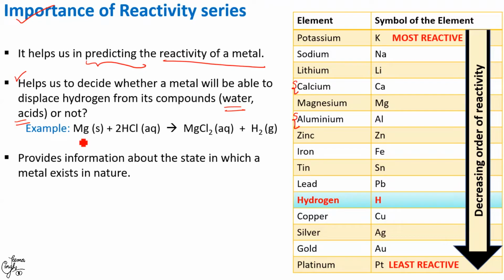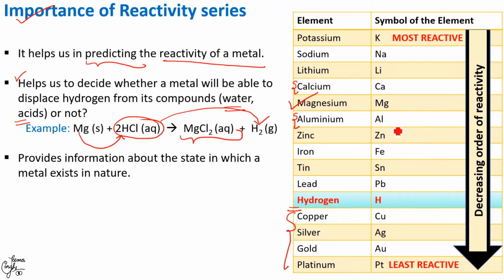For example, magnesium plus hydrochloric acid. Now magnesium is placed above hydrogen in the reactivity series. Therefore, magnesium can displace hydrogen from its compound in aqueous form to evolve hydrogen gas and the corresponding salt is formed. Whereas the metals that are placed below hydrogen cannot displace hydrogen from its compound as they are less reactive than hydrogen.